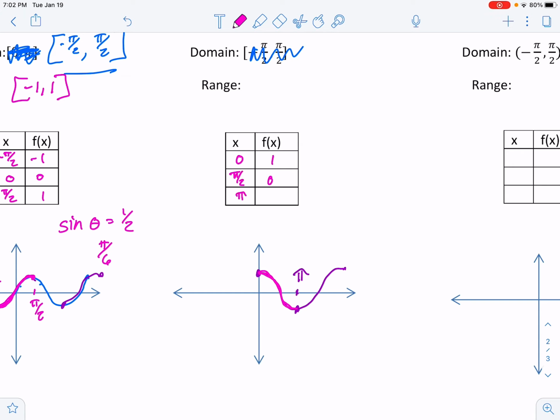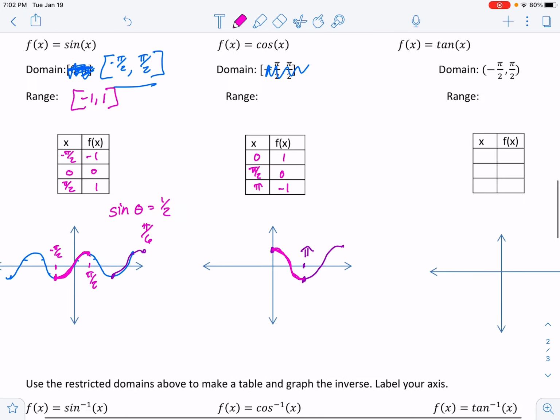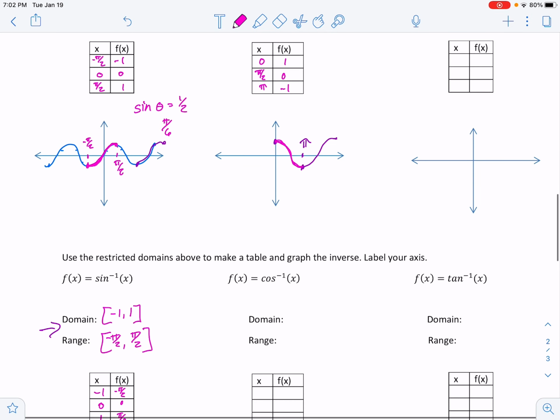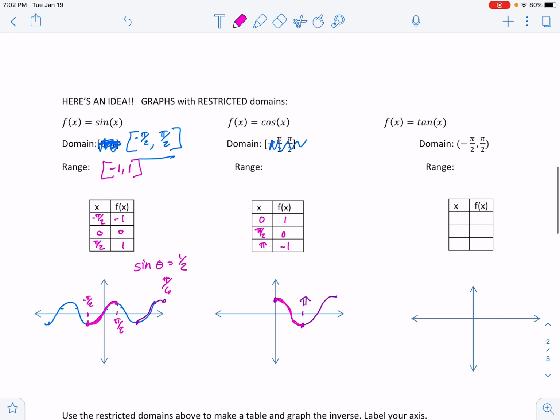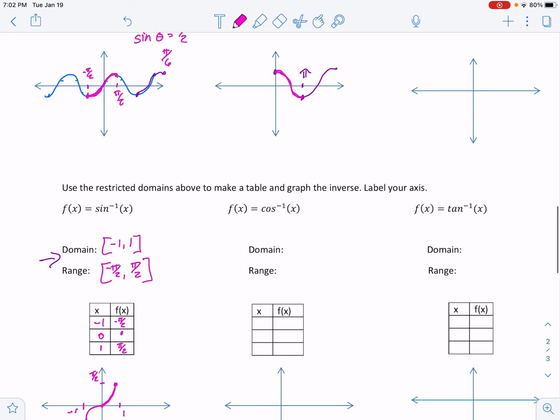This is 1, 0, and negative 1. When you do the inverse, these flip-flop. This is 0 to pi. This is negative 1 to 1. When you come down here, your domain's negative 1 to 1. And your range is 0 to pi.